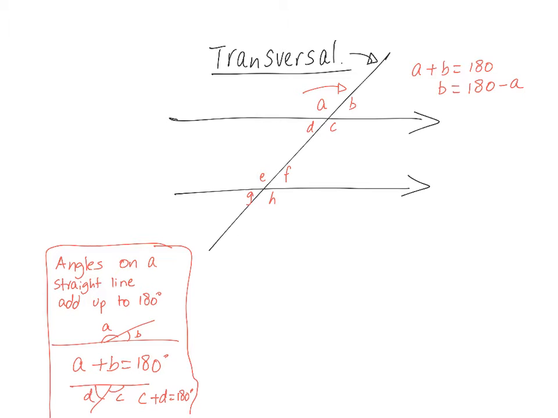So we've reached this part. Then we know that B plus C is 180 because that's another straight line.